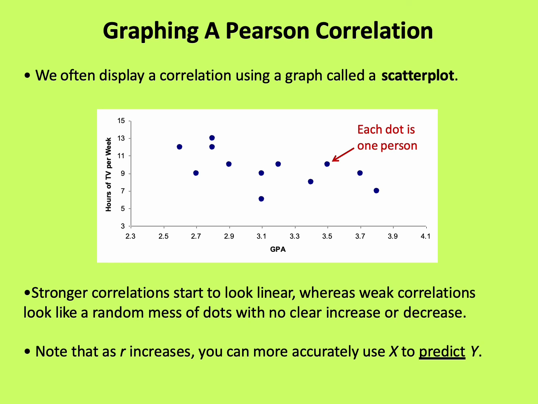And this will become relevant in my next video, but one thing to note that I've already mentioned is that as our Pearson R increases, you can more accurately use X to predict Y. And that's essentially what we will be doing when we talk about regression analyses in my next video.